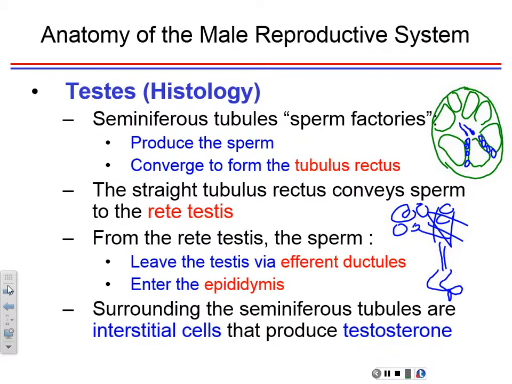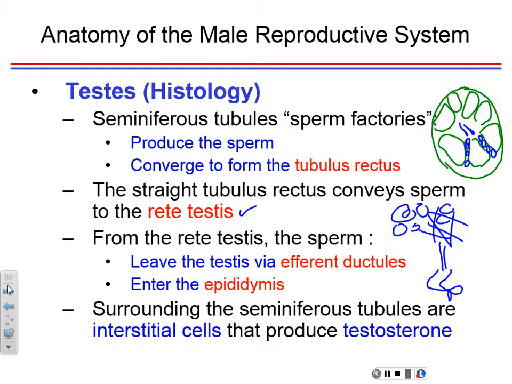Sperm starts in the seminiferous tubules, then the tubulus rectus, and then goes to the rete testis. And then there are little straight tubules, and I'll show you a picture, called efferent ductules, that will lead into the epididymis.